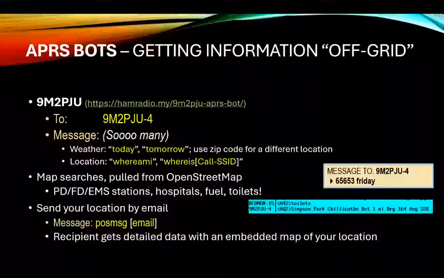They get multiple different sources for your location, whether it's lat long, MGRS, or grid squares. And then at the bottom there's a map that shows your location on it. So it's potentially a very good feature to get your information out to somebody else.